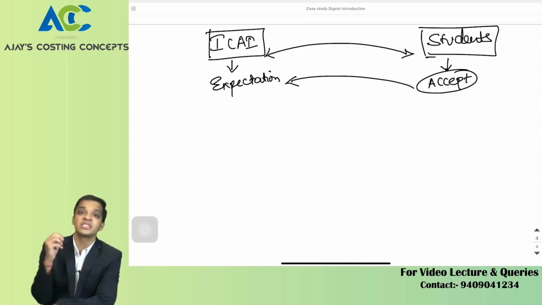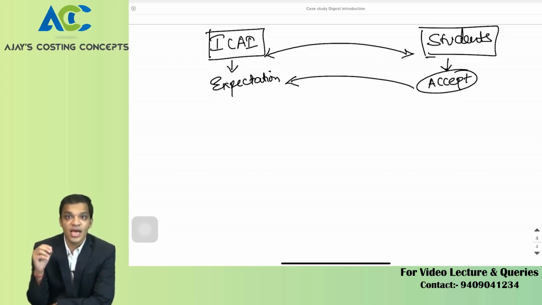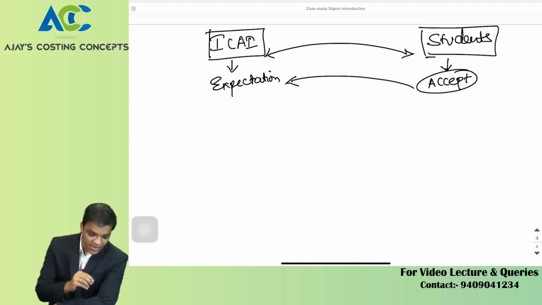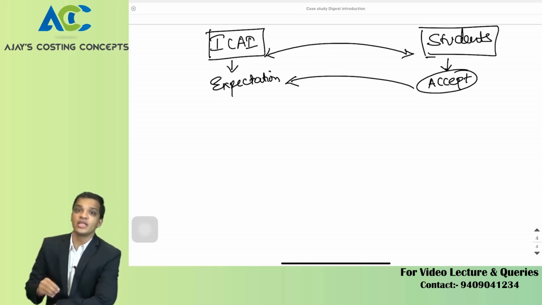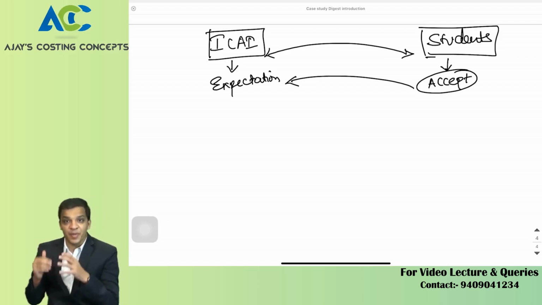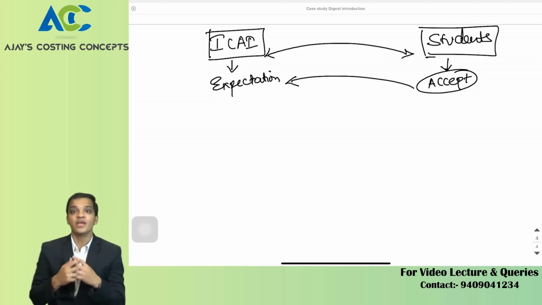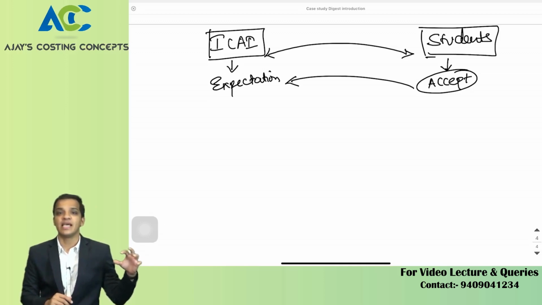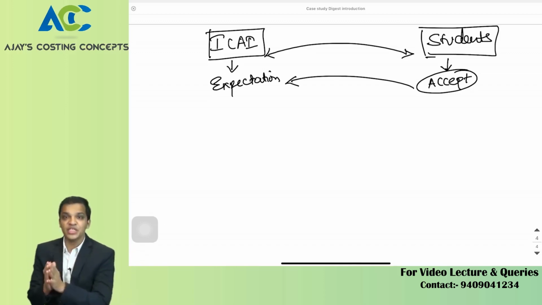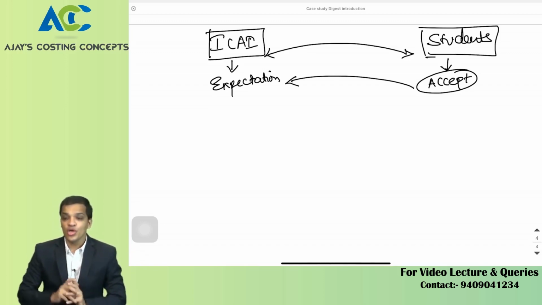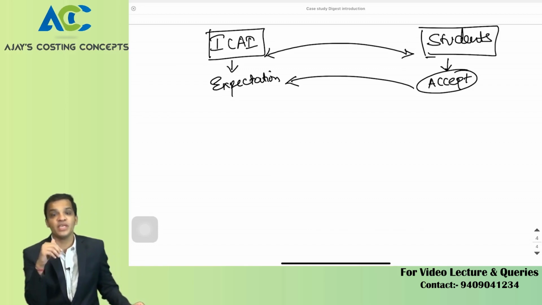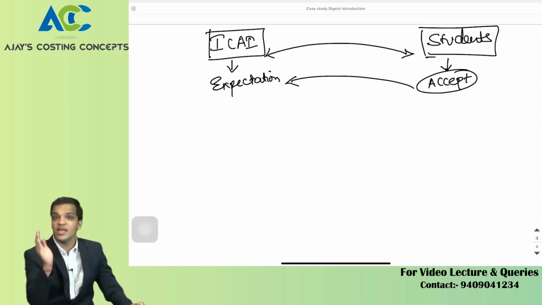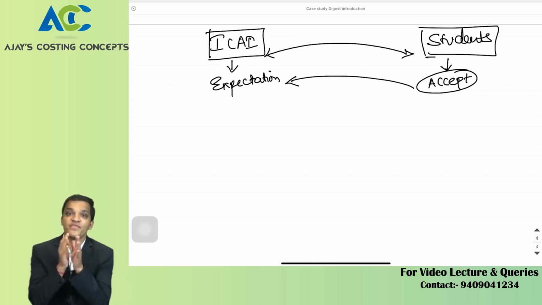That is the skill development required, and that is why we are here. I am making sure that I reach that level in the students where they can accept the expectation ICAI has developed, and that is the bridge model we are furthering here. So before we start the lectures, I am very clearly mentioning that it is not just a finish, it is a mere conceptual understanding.